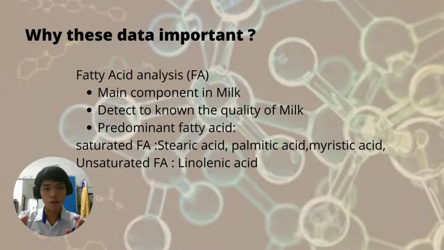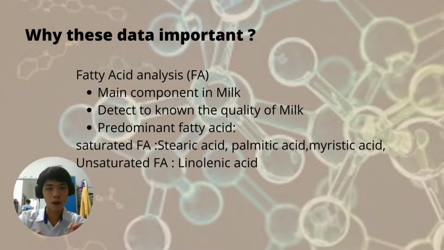Okay, then after that we can also do the fatty acid analysis, as fatty acid is the main component in the milk. If we want to know the quality of milk, whether the milk is nutritional or unnutritional, the fatty acid analysis plays an important role in identifying whether the milk is nutritional.